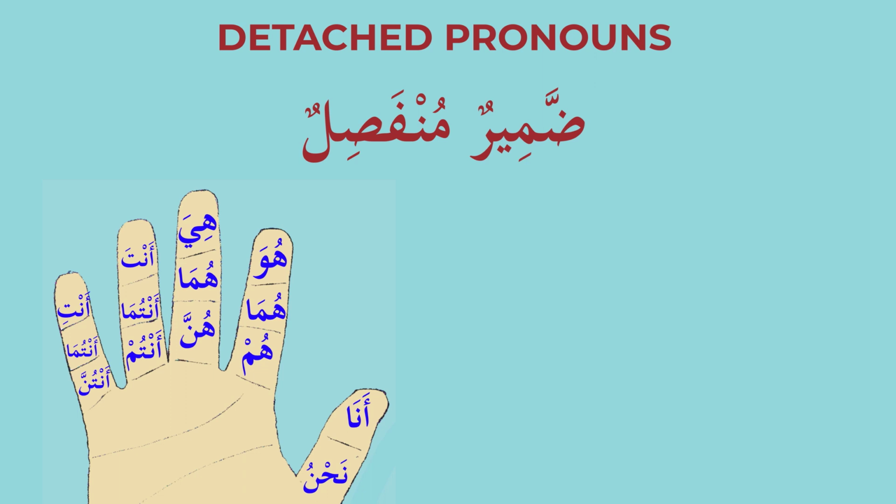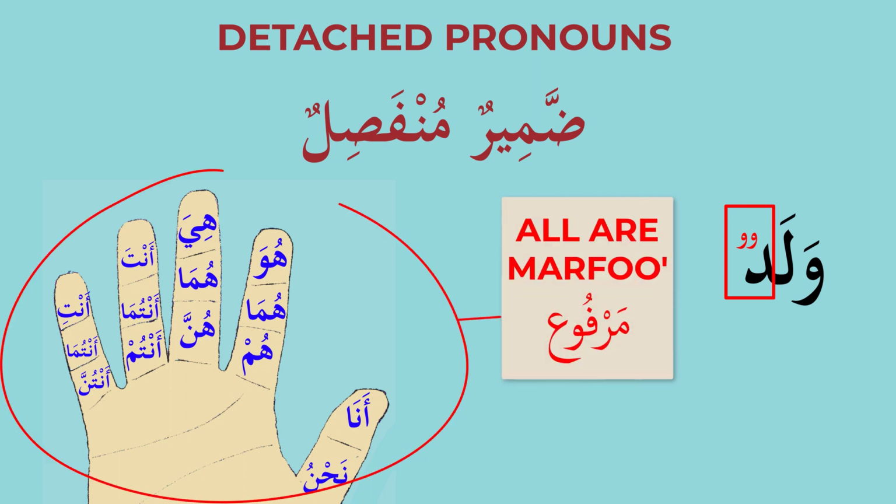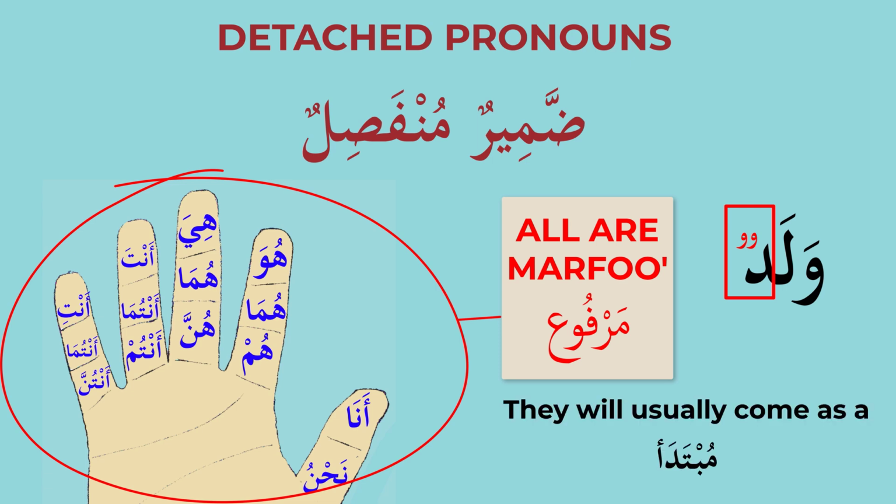And brother, all of them are marfu. They will come as a mubtada most of the time.